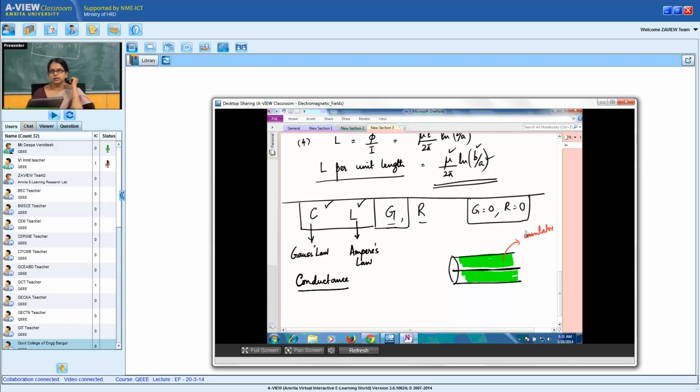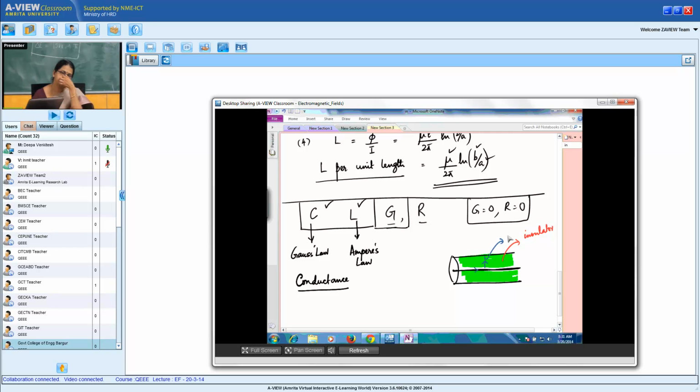But in a practical coaxial cable, this is not an insulator, with the result that whenever there is a voltage across it, there is a leakage current which flows through this insulator either from the inner conductor to the outer conductor or from the outer conductor to the inner, depending on which of the conductors is kept at a higher potential.